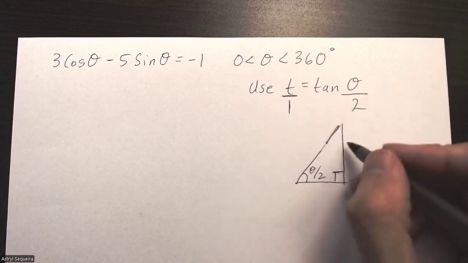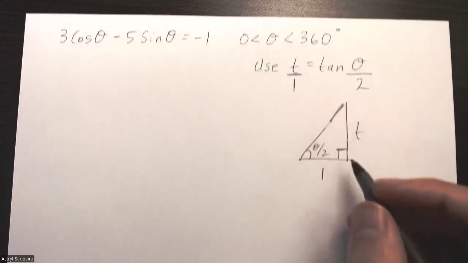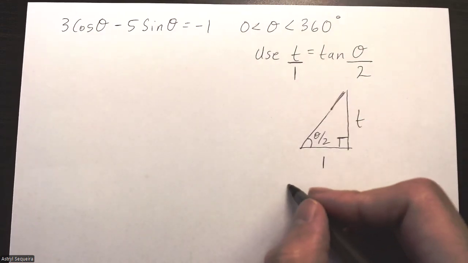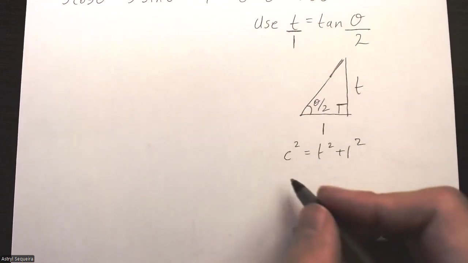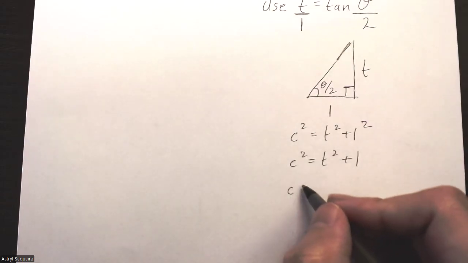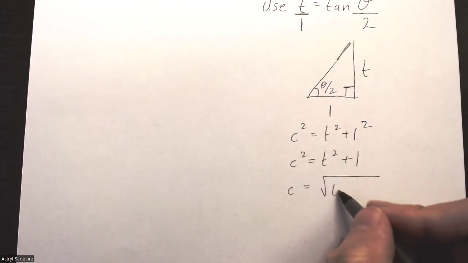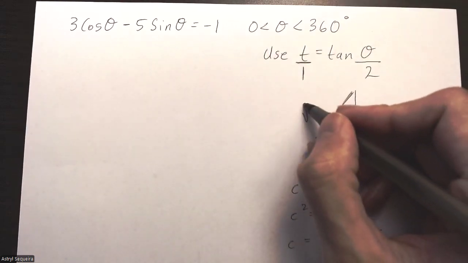It's just a 1 there. So opposite t, adjacent 1, and then I can find the hypotenuse by doing my Pythagorean theorem. It's just square root of t squared plus 1.